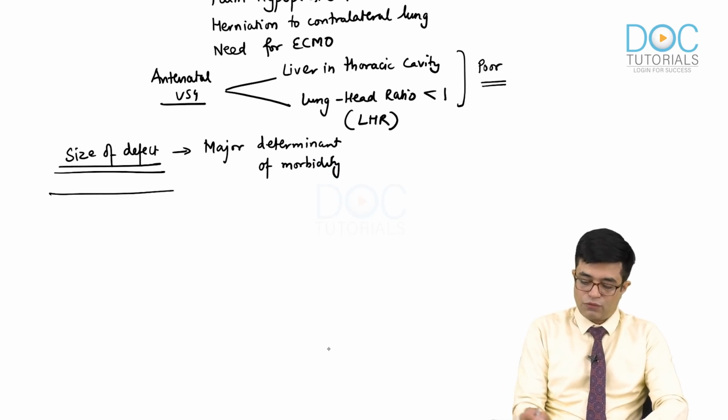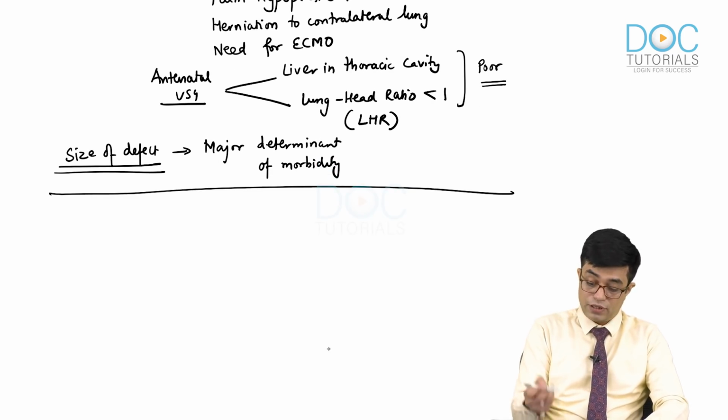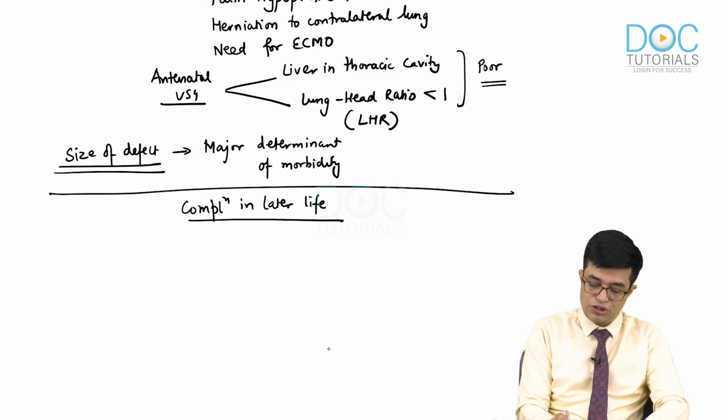After surgery, what are the post-operative complications? Those who survive, what are the complications seen in later life? They include GERD, gastroesophageal reflux disease, which occurs in more than 50% patients.